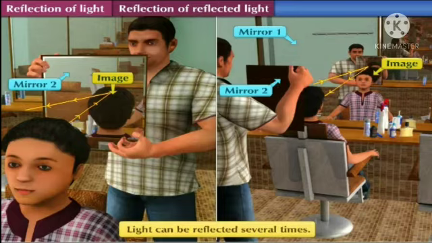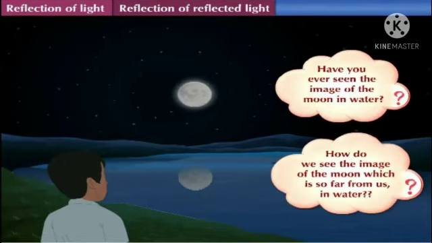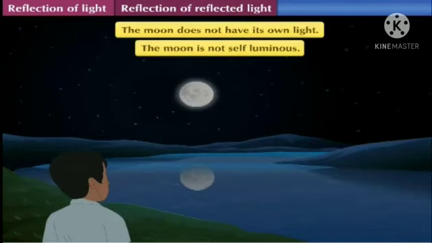Now let us see one more example. Have you ever seen the image of the moon in water? How do you see the image of the moon which is so far from us in water? The moon does not have its own light.